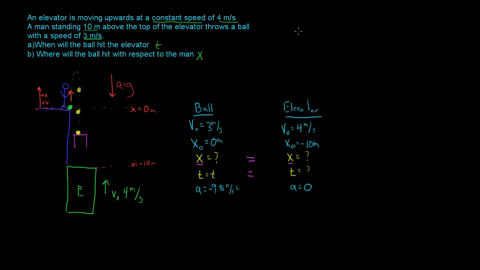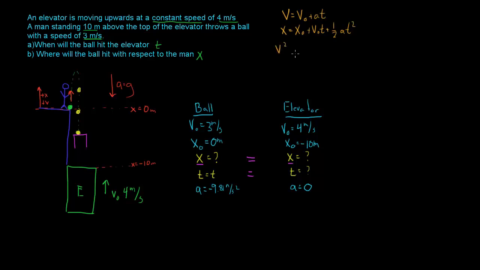So we can look at our kinematic equations. Our velocity is equal to an initial velocity plus acceleration times time. Distance is equal to an initial distance plus initial velocity times time plus 1/2 acceleration times time squared.